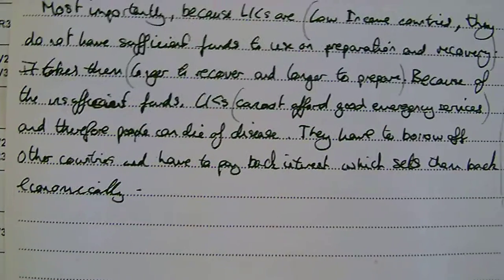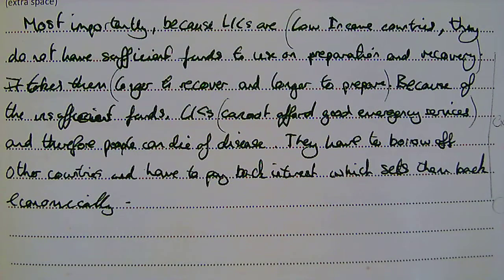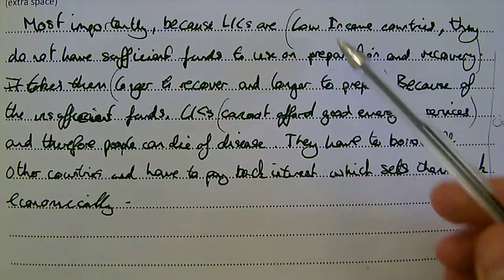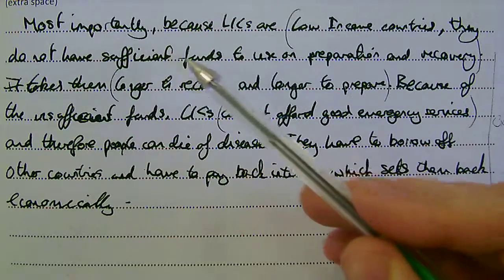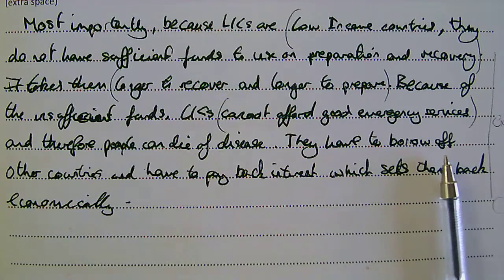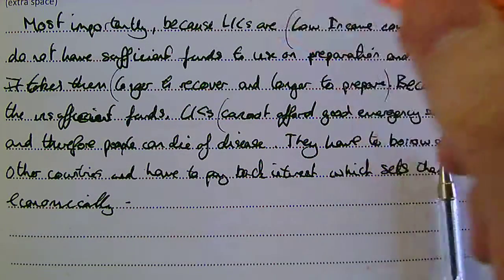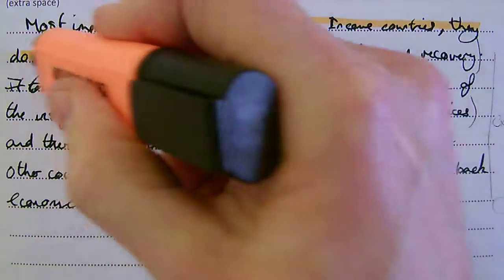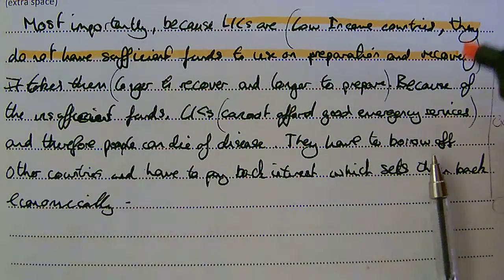And finally then, overleaf, the concluding paragraph, we've got some element of relation back to the economy, sufficient funds to use on preparation and recovery. There is some element of point.